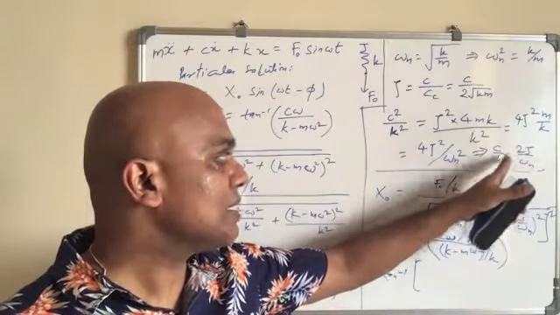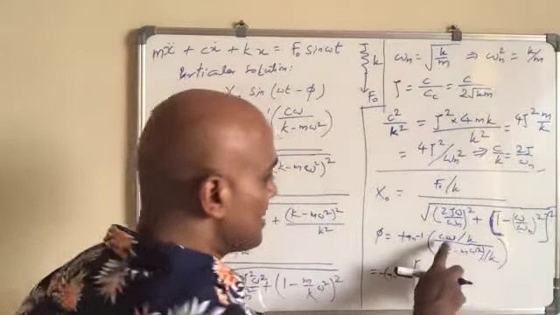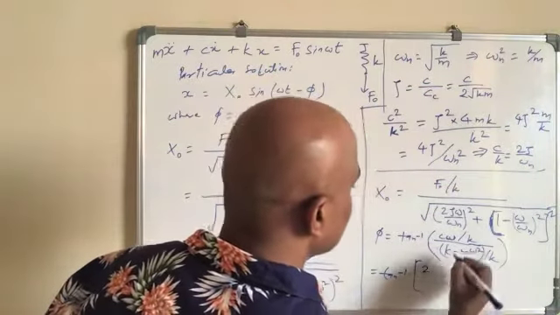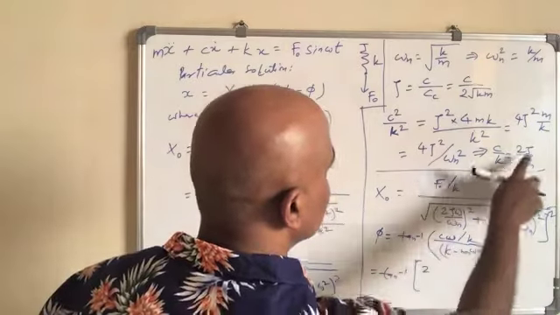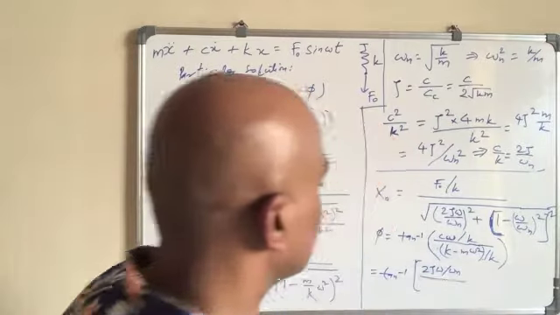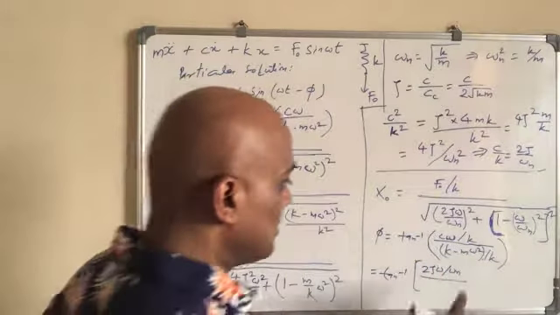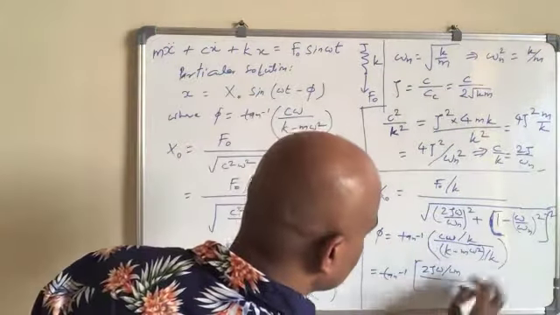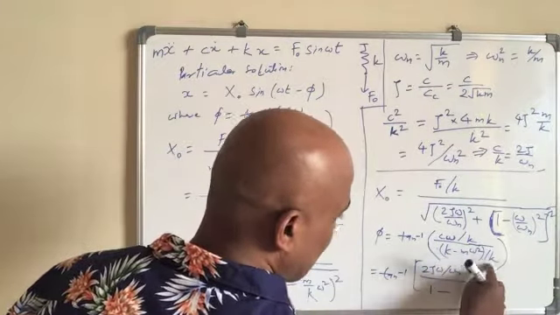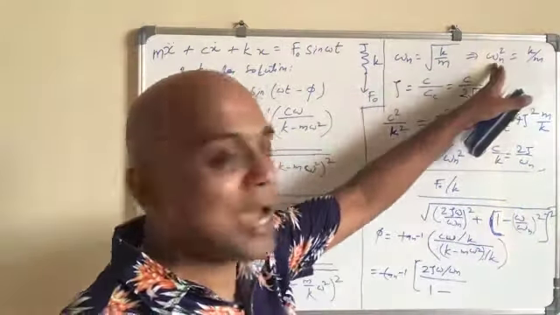C is a positive number, K is also a positive number. So C over K is 2 zeta over omega n, and hence we write 2 zeta omega divided by omega n. Now divide the denominator by K: K divided by K gives 1, minus M divided by K.